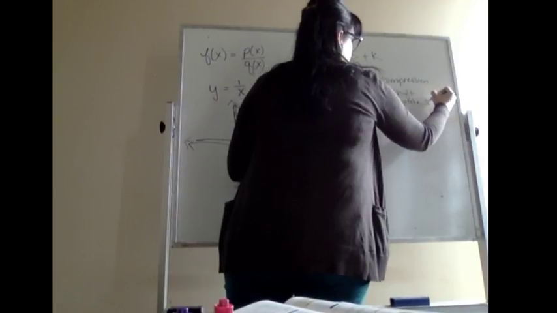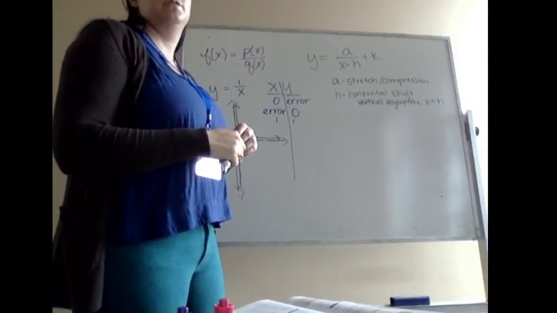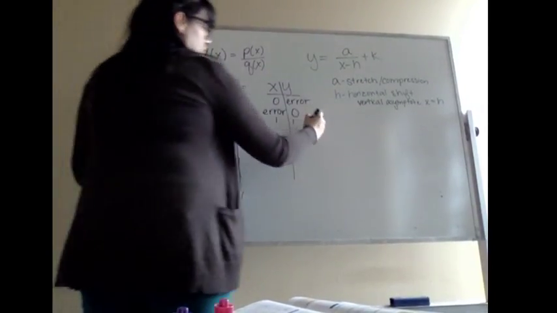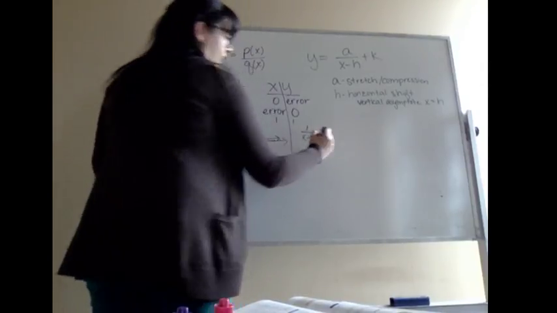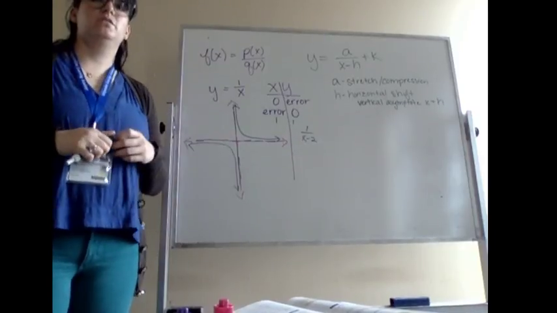at x equals h. Because if it were like 1 over x minus 2, x could never be 2, because you would get 0 in the denominator.